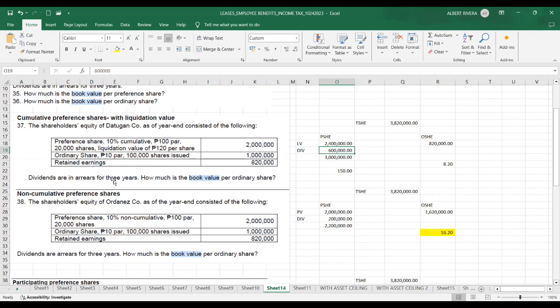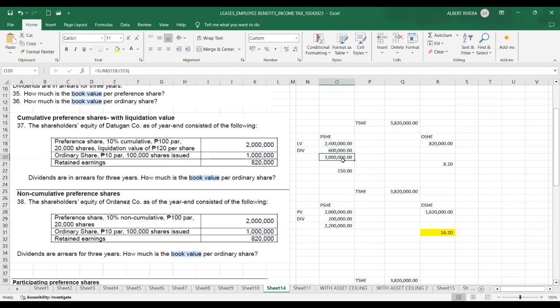So this would be 2 million times 10% times 3 years. Ingat ka doon. Why? Because the basis of dividends would always be the par value. Despite the meron siyang 2.4 liquidation value, hindi yan ang magiging basis ng dividendo mo. The par value pa rin. So 2 million times 10% times 3 years, that is 600,000.